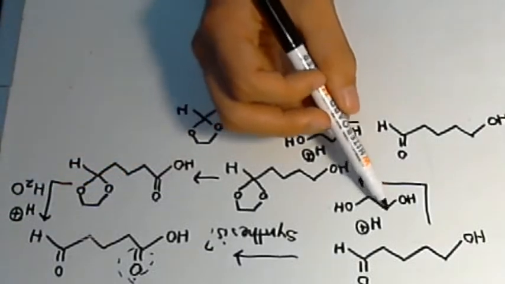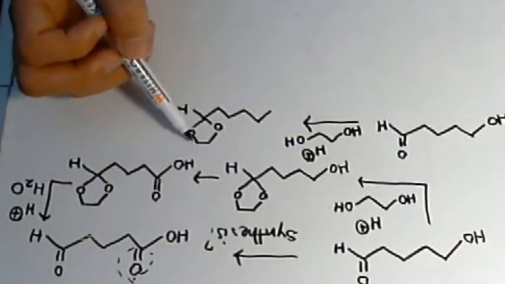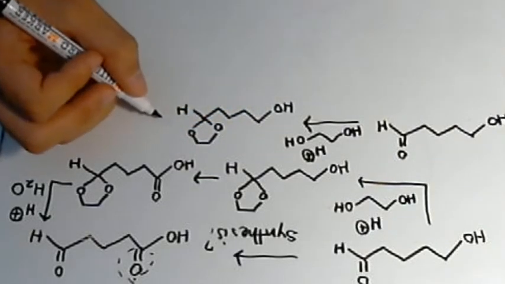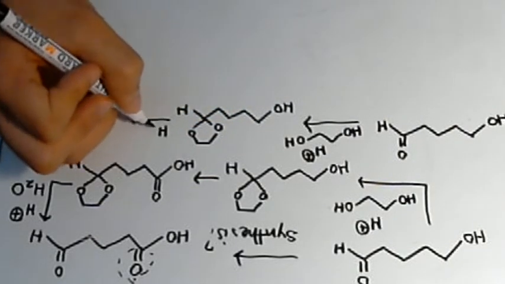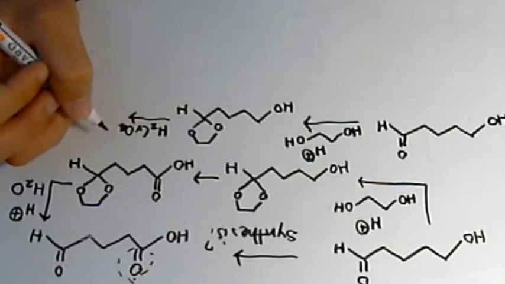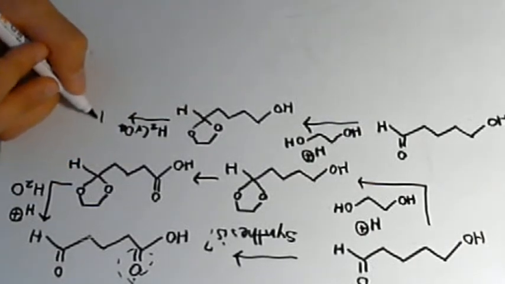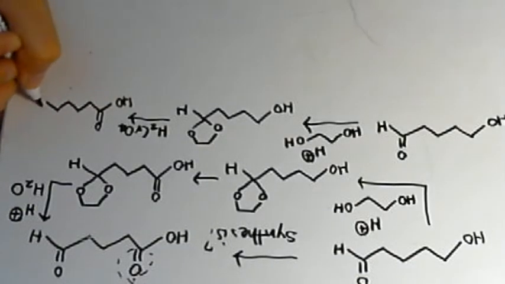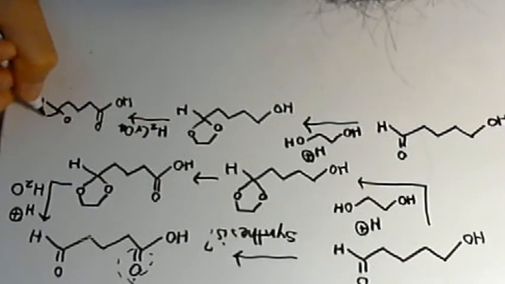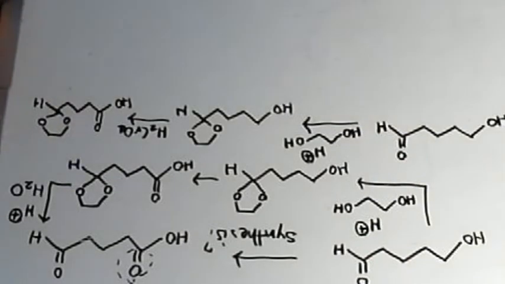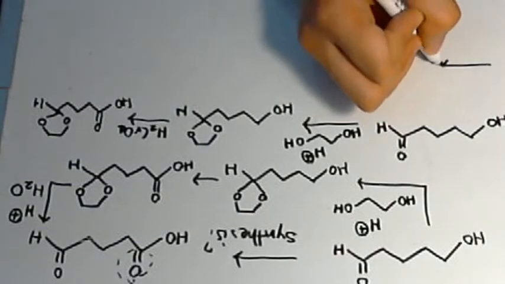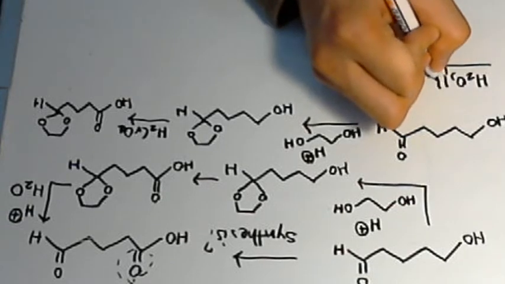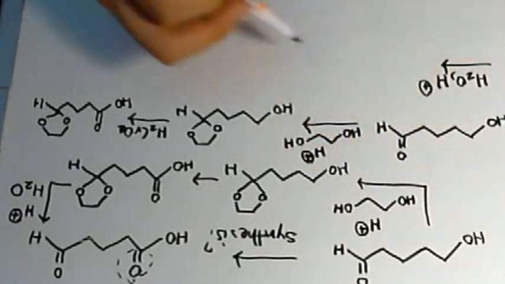And as you notice, there's 2 carbons here, so there have to be 2 carbons in between these 2 oxygens. We oxidized it, where the protected group was not oxidized. Next thing we did was we took off the protecting group, and that gave us our product.